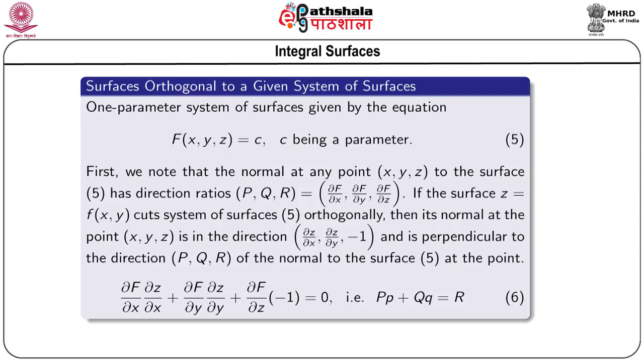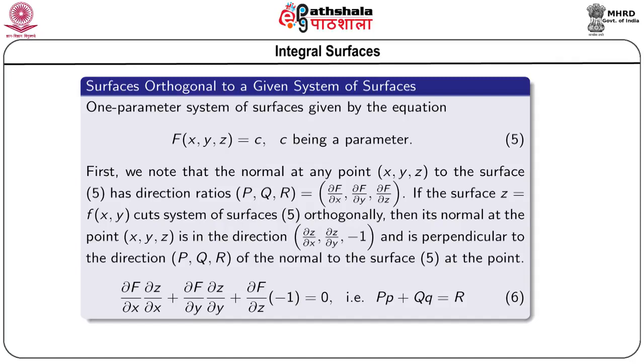So, using the condition of perpendicularity, we obtain the relation del f del x into del z del x plus del f del y into del z del y plus del f del z into minus 1 equals 0, or in other words, with this notation, capital P small p plus capital Q small q equals capital R, where P, Q, R are assumed as del f del x, del f del y and del f del z. And we are interested to find the values of P, Q.